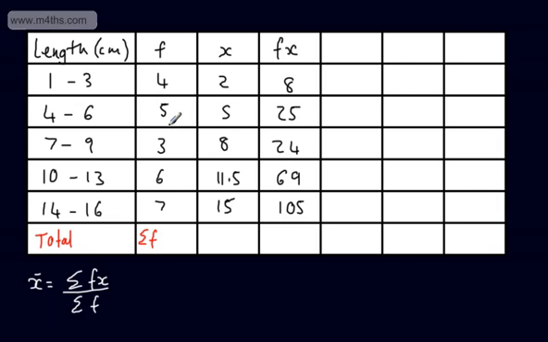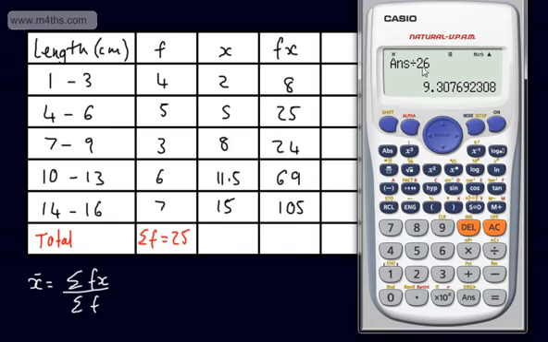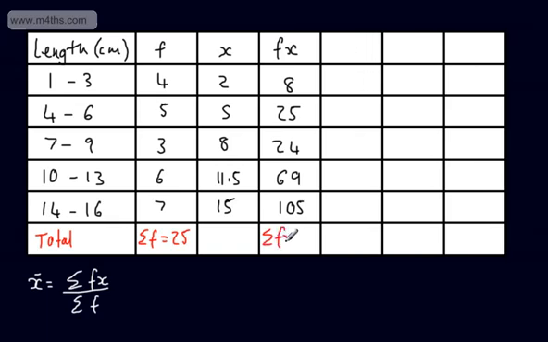That looks to be 25. Now we need to add this one up, so let's put that through a calculator. 8 plus 25 plus 24 plus 69 plus 105. That sum gives me 231. So we can say the sum of fx is equal to 231.